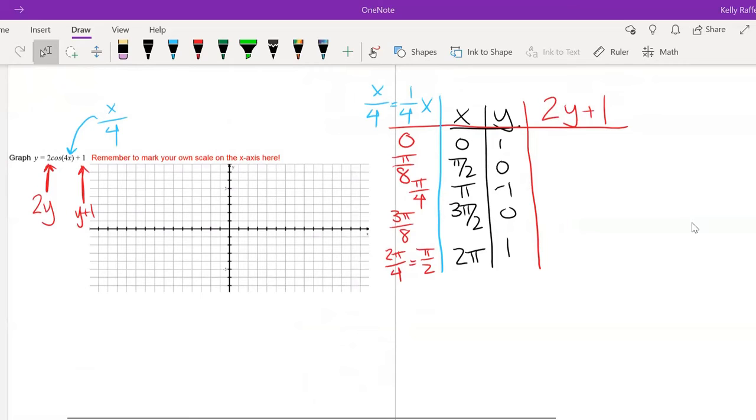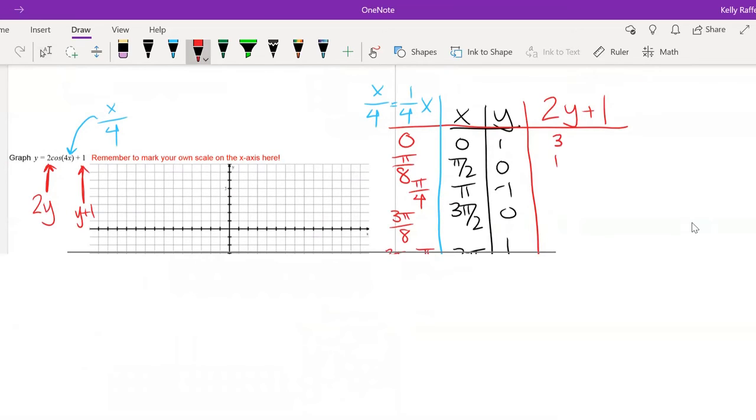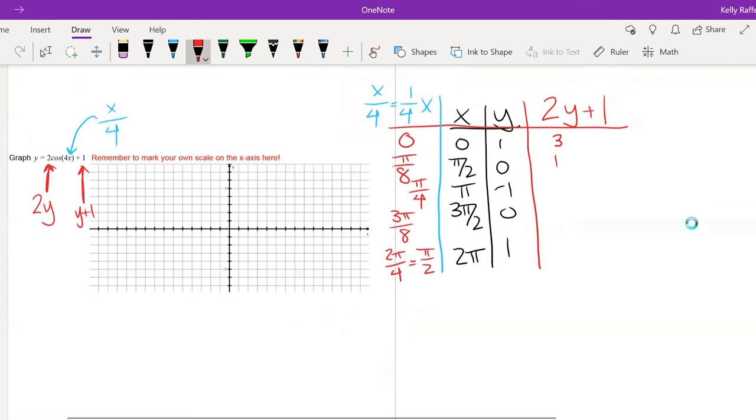I got the y. 3, 1, -1, 1, 3. Say it one more time. 3, 1, and then -1, 1, 3. That sounds beautiful. Nice, Chris.